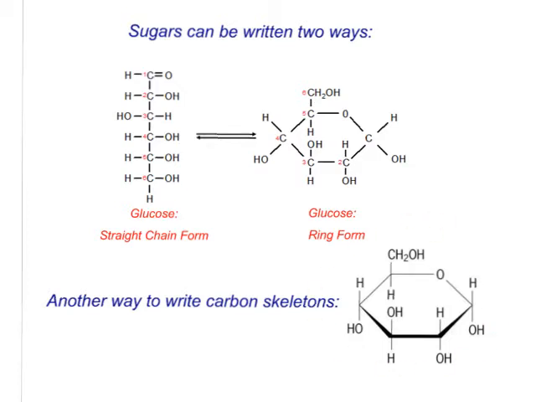Another way that sometimes we write carbon skeletons, or really any molecules that contain carbon, here we have this intersecting point right there is where a carbon atom exists. And we don't write it. Sometimes molecules get so large, and to sit and write little C's in for all of the carbon atoms that exist in that molecule is very labor intensive.